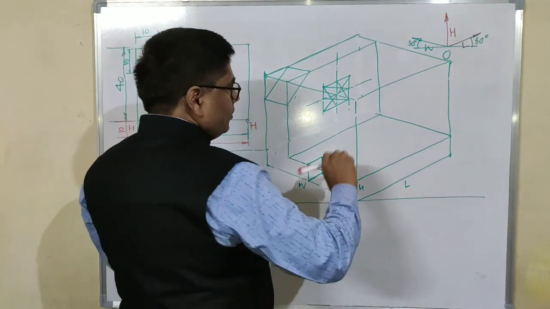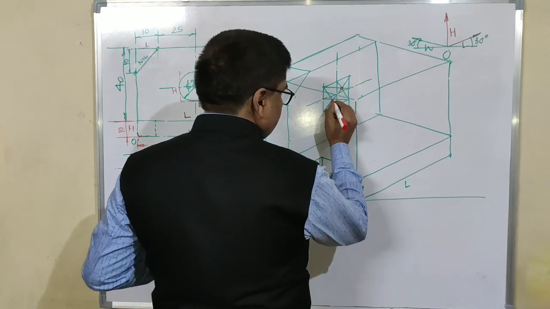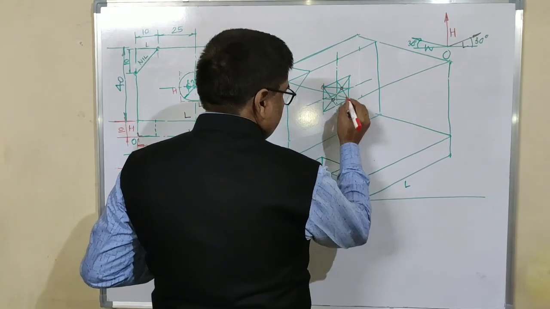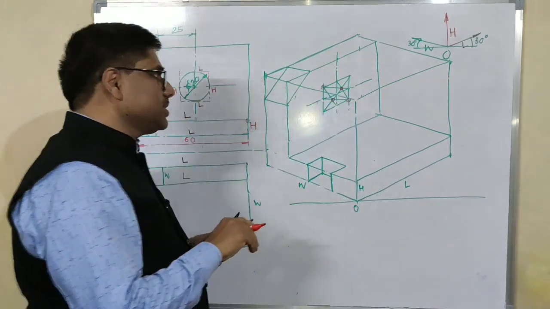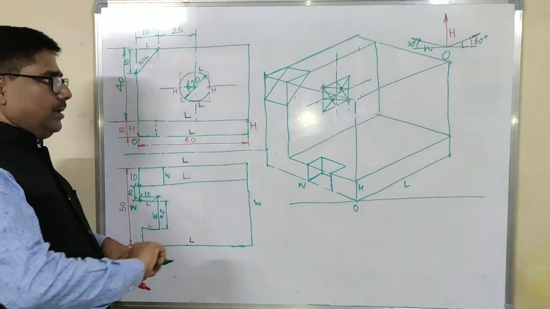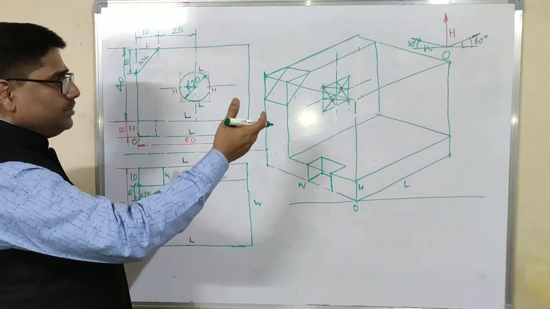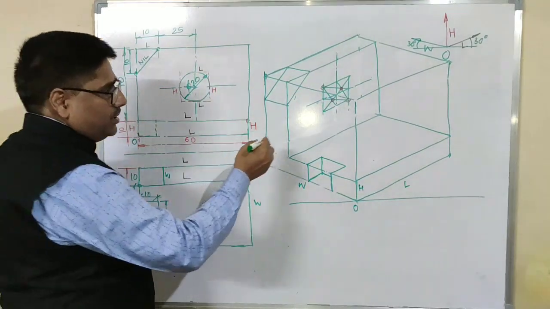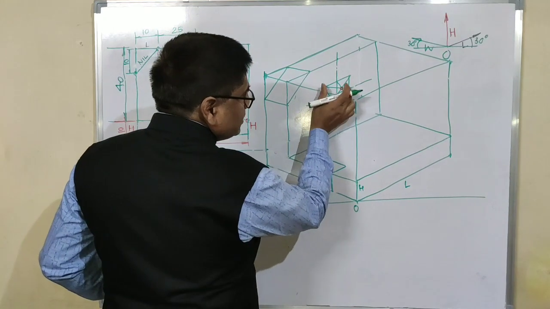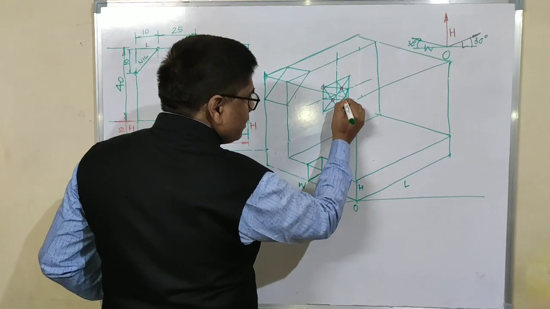Then we got four centers. Using these four centers, we shall draw four arcs which will give an ellipse, which is the isometric of the circle. With this center and this much as radius, draw an arc.